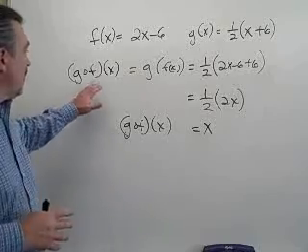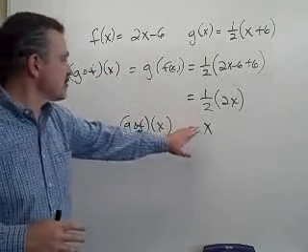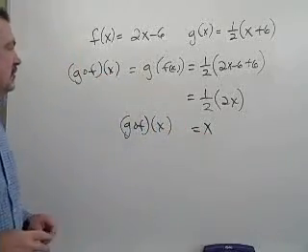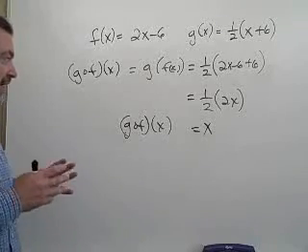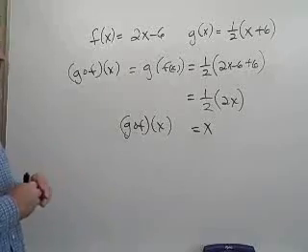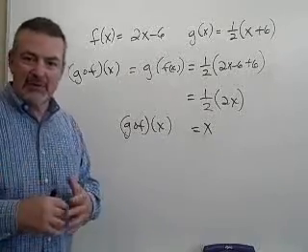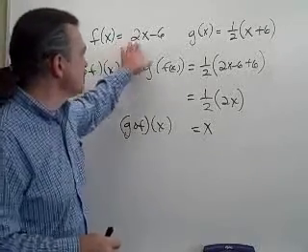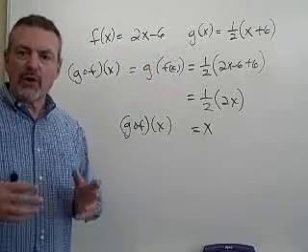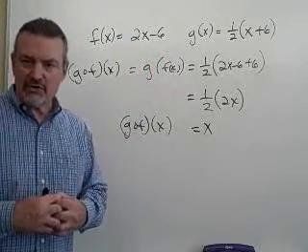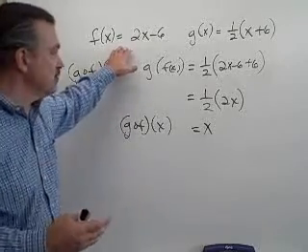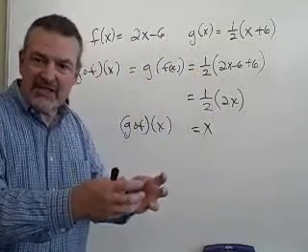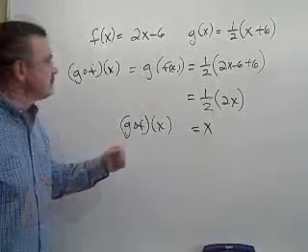In other words, whatever I put in for x here just turns around and gives me that value. Now, that's kind of interesting. How does that happen? Why does that happen? The reason is because the functions f and g are what are known as inverse functions. Whatever the function f does to a value, the function g takes that value and undoes it.